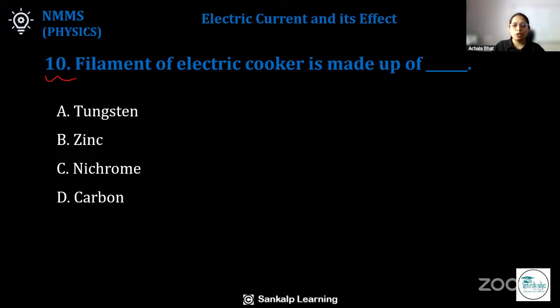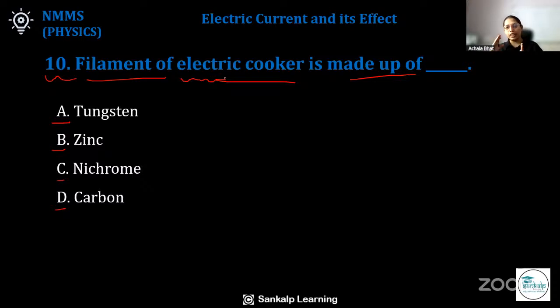Let us see question number 10 of NMMS Physics chapter Electric Current and its Effect. Filament of electric cooker is made up of: tungsten, zinc, nichrome, carbon. Which one is correct? See, electric cooker works on the heating effect of electric current.